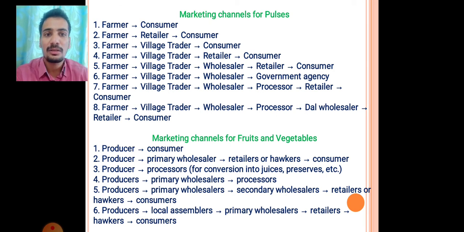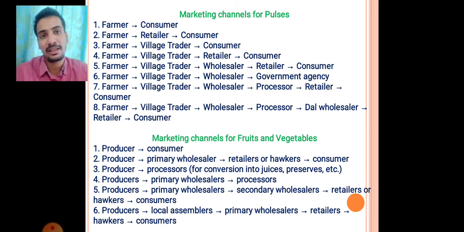Third, producer to processor, meaning a small scale processing industry, for preservation and for making value added products. Then producer to primary wholesaler, then primary wholesaler to processor. Then producer to primary wholesaler, secondary wholesaler, retailer, and consumers. Then the sixth, producer to local assemblers, then primary wholesaler, retailer, hawkers, and ultimate consumers.